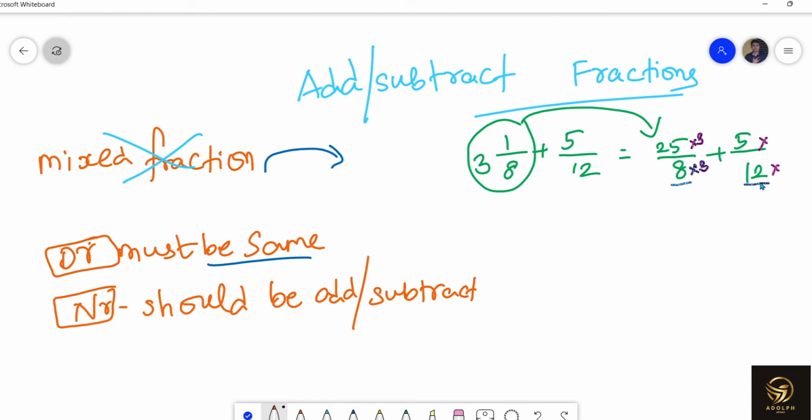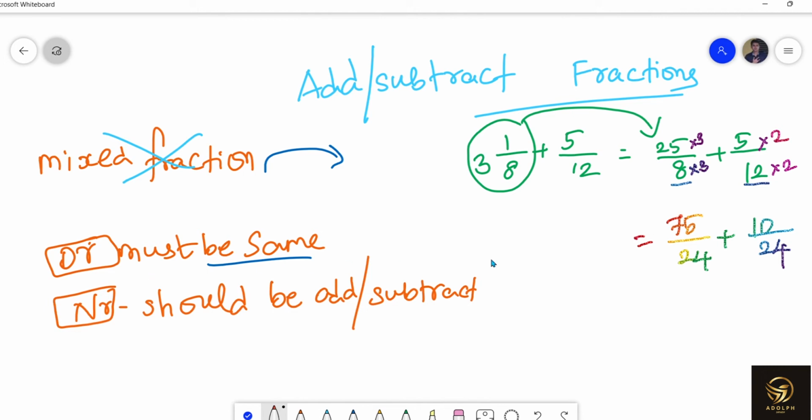For the second fraction, it is 12, so to convert it into 24, we have to multiply it by 2. Here also it will be 2. And what is the result we are getting? 25 into 3, we are getting 75 divided by 24, plus 5 into 2, 10 divided by 24.